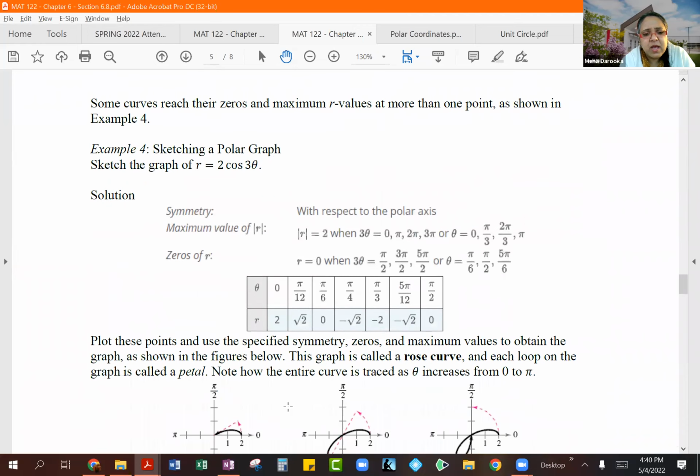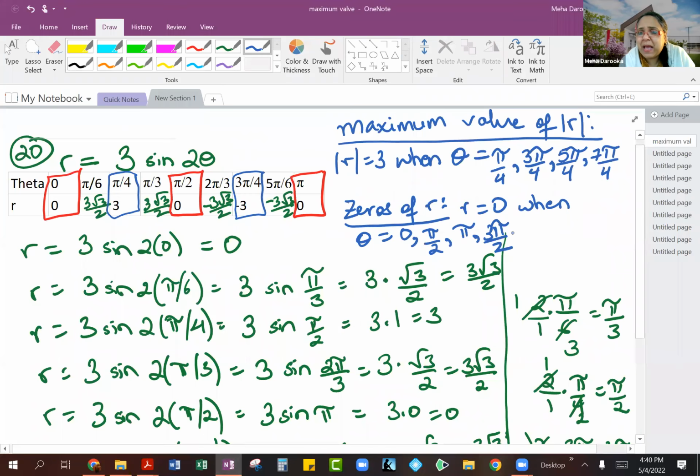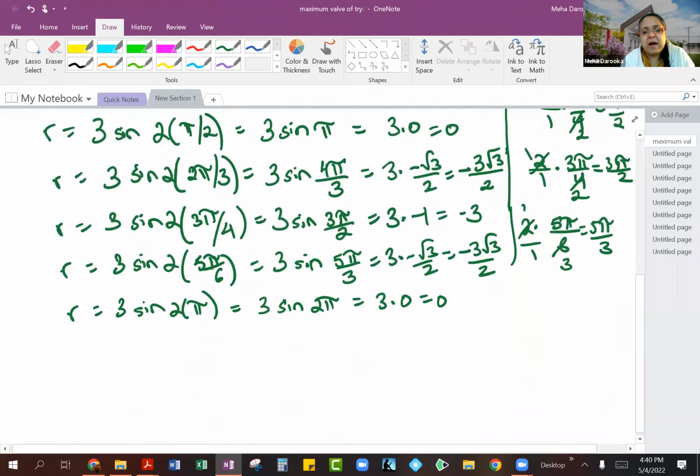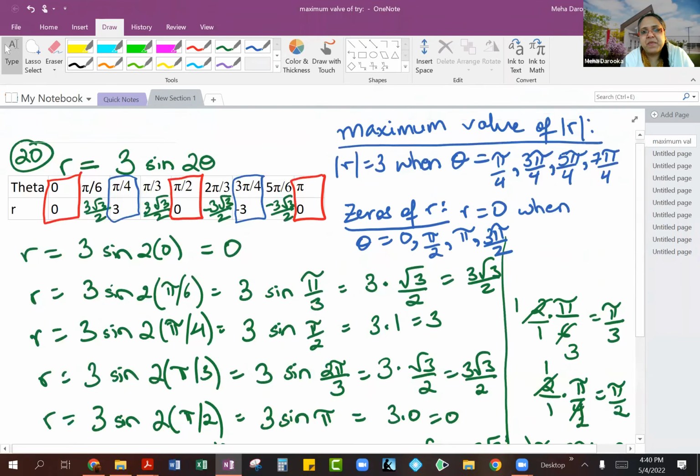Technically 2 pi is correct, but since 0 overlaps where 2 pi already falls, we are not going to list out 2 pi. So these would be the angles going from 0 to 2 pi where you would find your maximum value and your zeros. This is how I talk about finding these values.